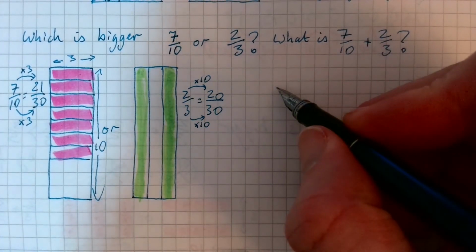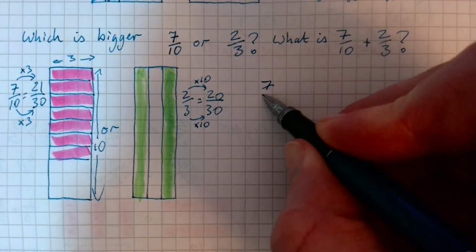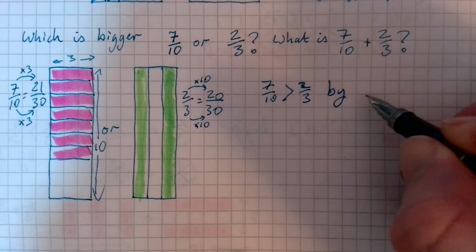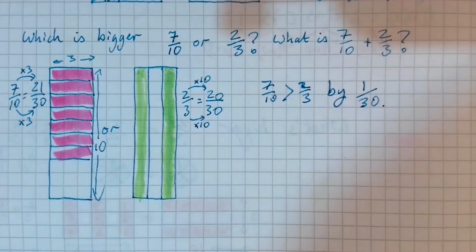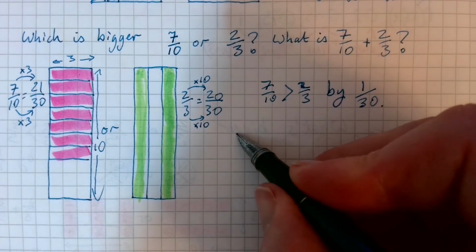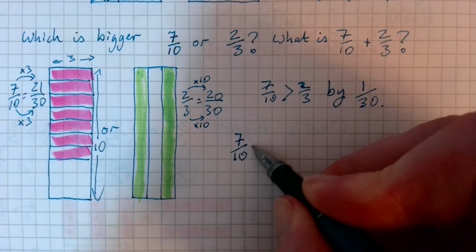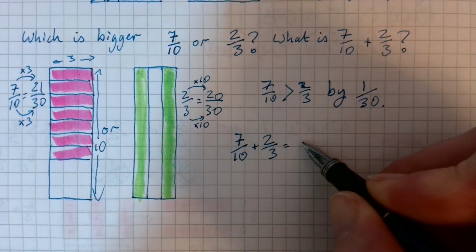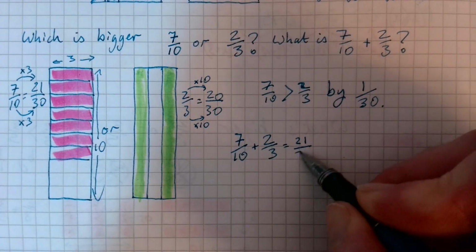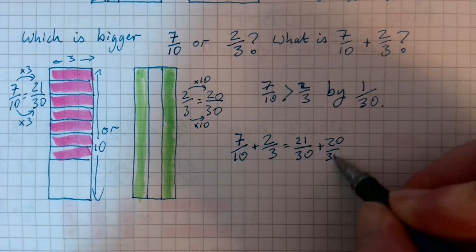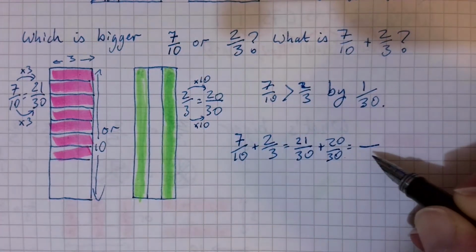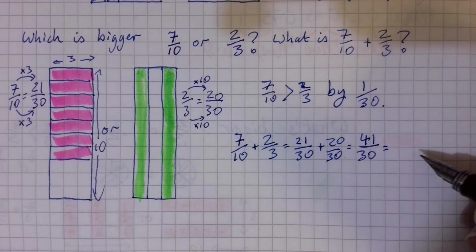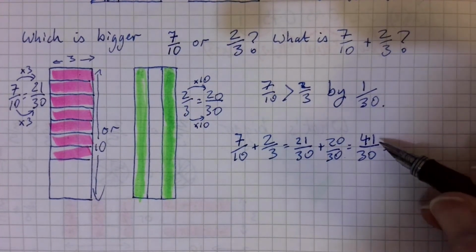So now we can say that 7/10 is bigger than 2/3 by 1/30th, and we can say that 7/10 add 2/3 is the same thing as 21/30 plus 20/30, which means the size of piece we're dealing with is 30ths, but we have got 41 of them, and 41 is a lot, isn't it?